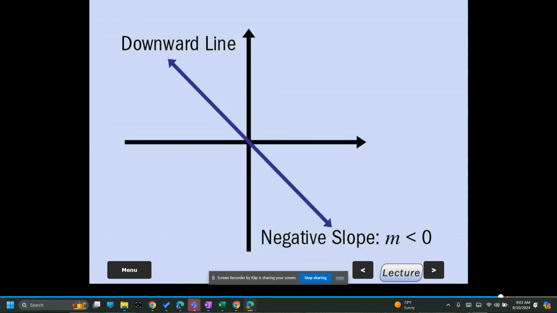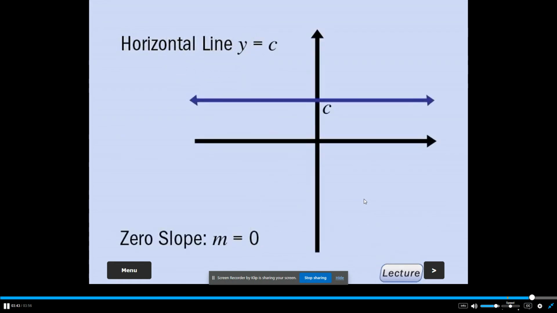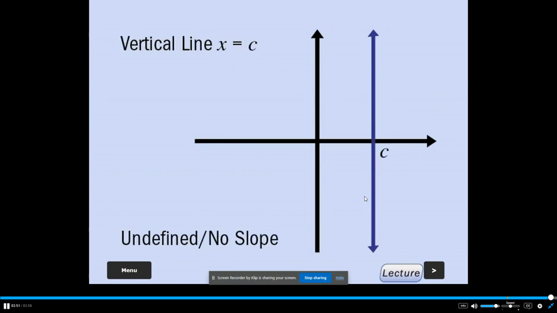If your line has a negative slope, if m is less than 0, as you move with your line from left to right, you move downward, or you say you have a downward line. If your line has a 0 slope, m is equal to 0, you have a horizontal line. An undefined slope or no slope, the line is vertical.